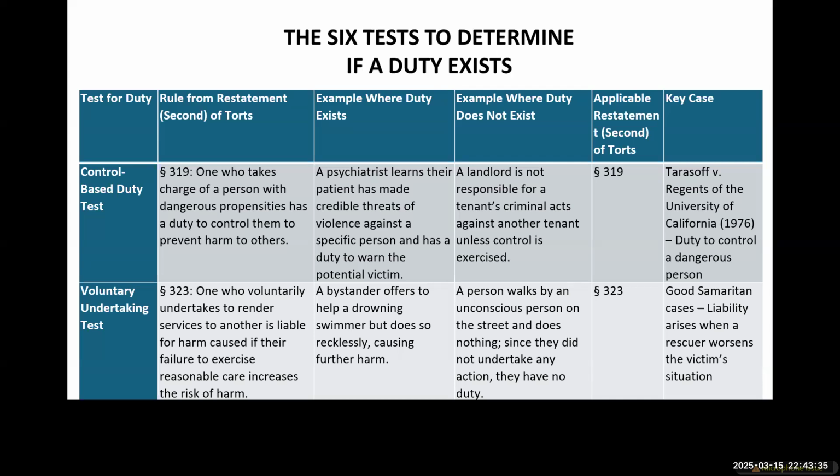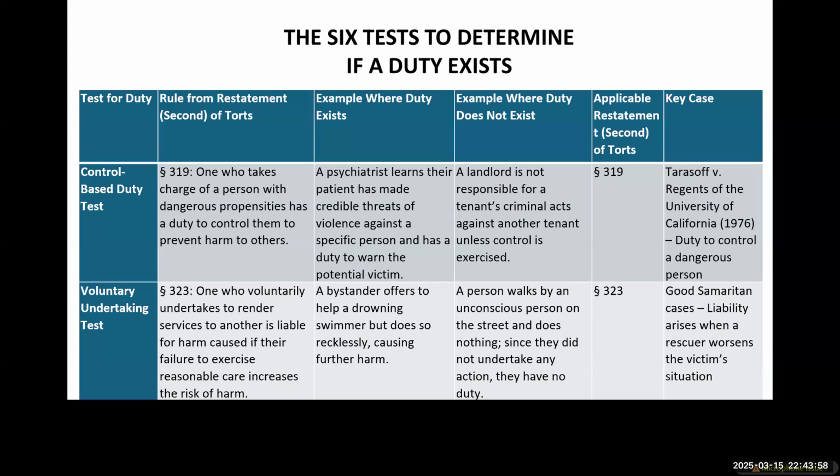A babysitter or a bystander offers to help a drowning swimmer, but does so recklessly, causing further harm. Is the Good Samaritan now potentially liable? Possibly. Now, some states have shield laws for Good Samaritans. Some states don't.